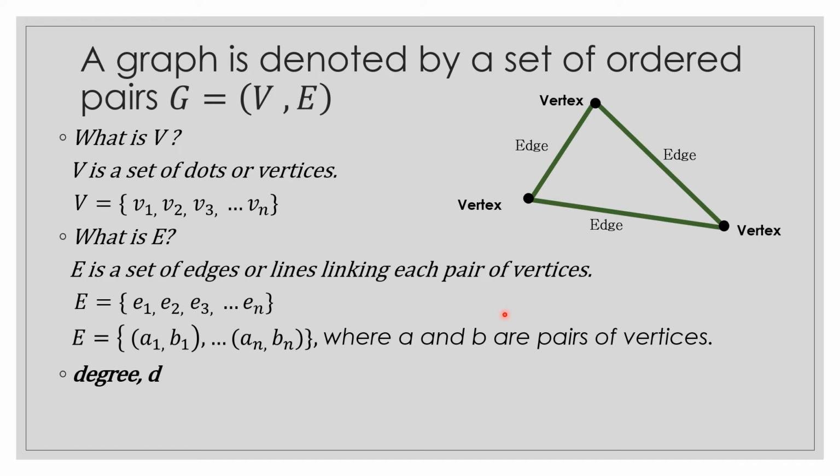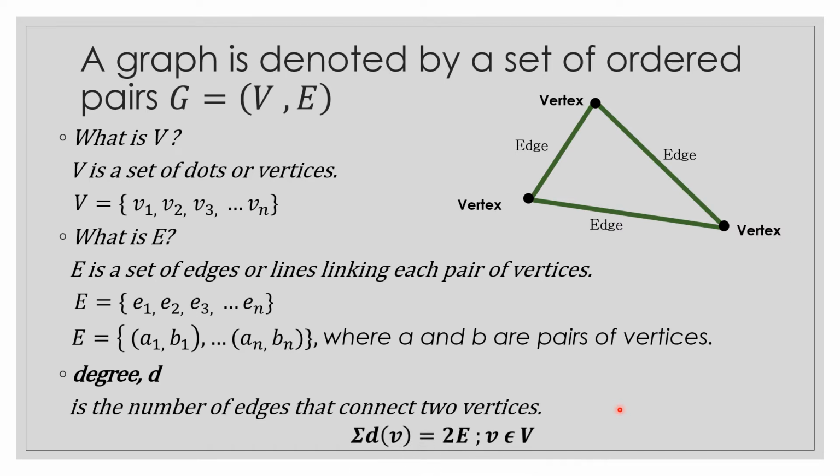For the network, you also have to know how to find the degree, D. Degree is the number of edges that connect to a vertex, and you have a formula like this: the sum of the degrees is equal to 2 multiplied by the number of edges.